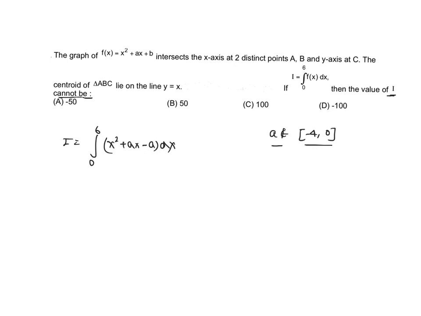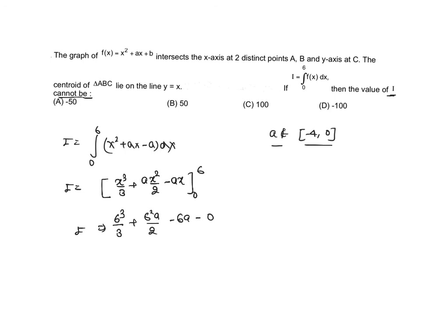So first we integrate: I equals x cube by 3 plus a times x square by 2 minus ax, limit 0 to 6. If I put 6, 6 cube divided by 3 plus 6 square a by 2 minus 6a, minus 0. If I put 0, you'll get 0.